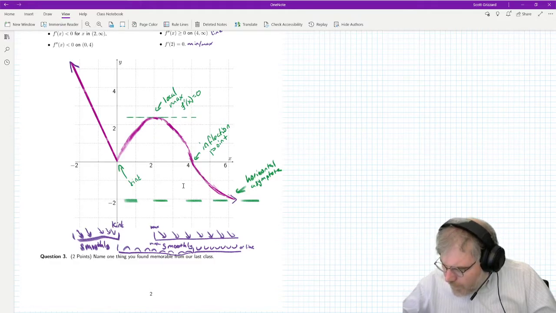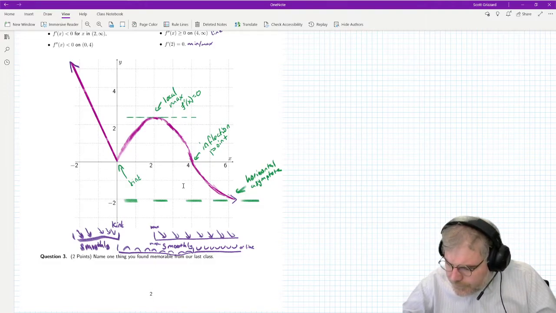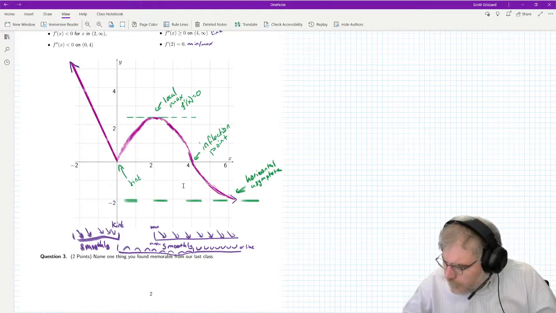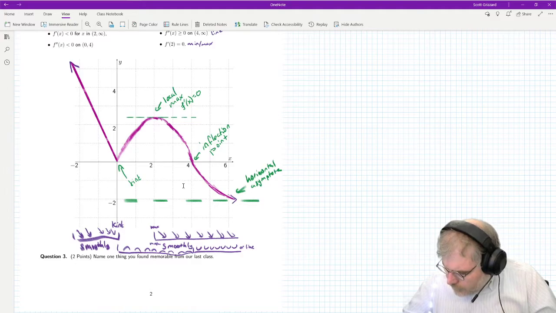Make sure it's smooth, and then let's draw a new tangent line. There we go.